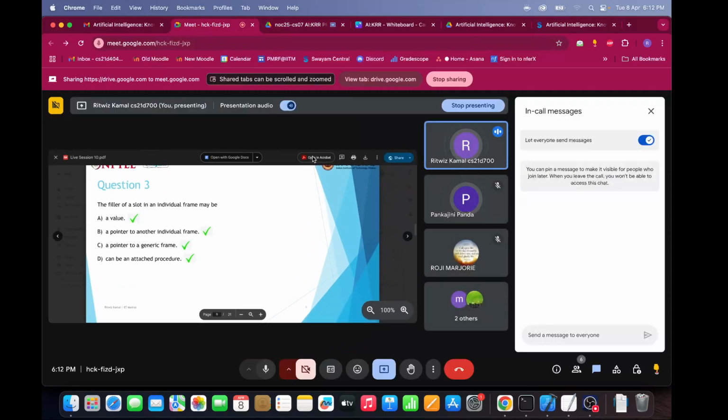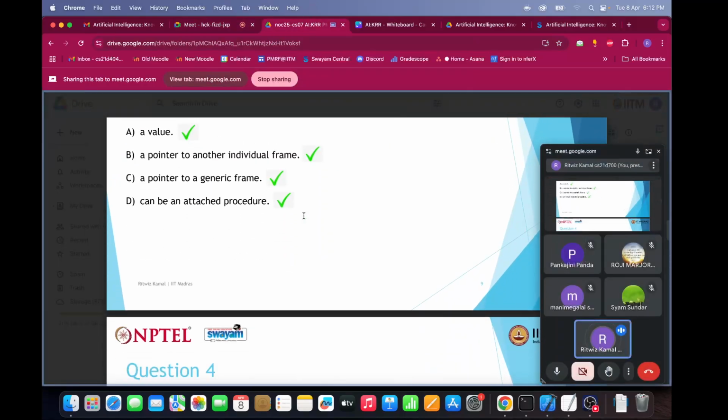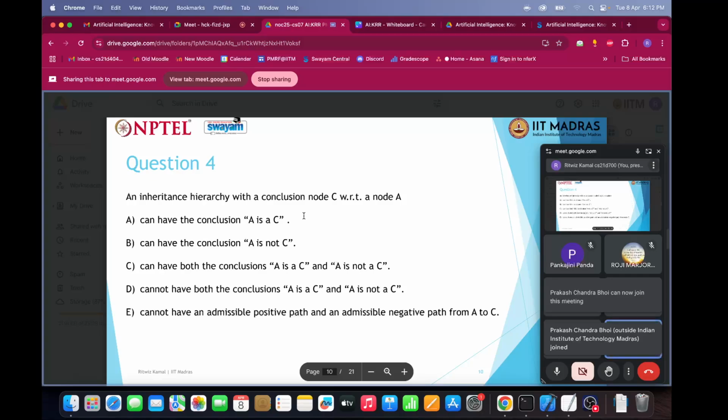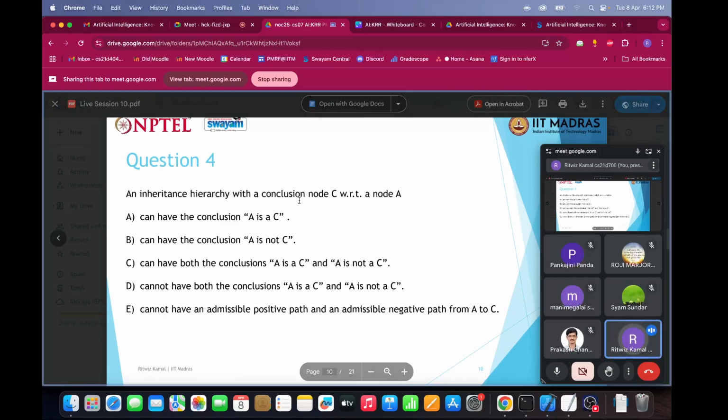Now we'll be moving on to slightly more conceptual based questions, so let's move ahead. So now we come to inheritance networks, right? This question asks us about an inheritance hierarchy with a conclusion node C with respect to a node A, and which of these options do you think would be relevant?